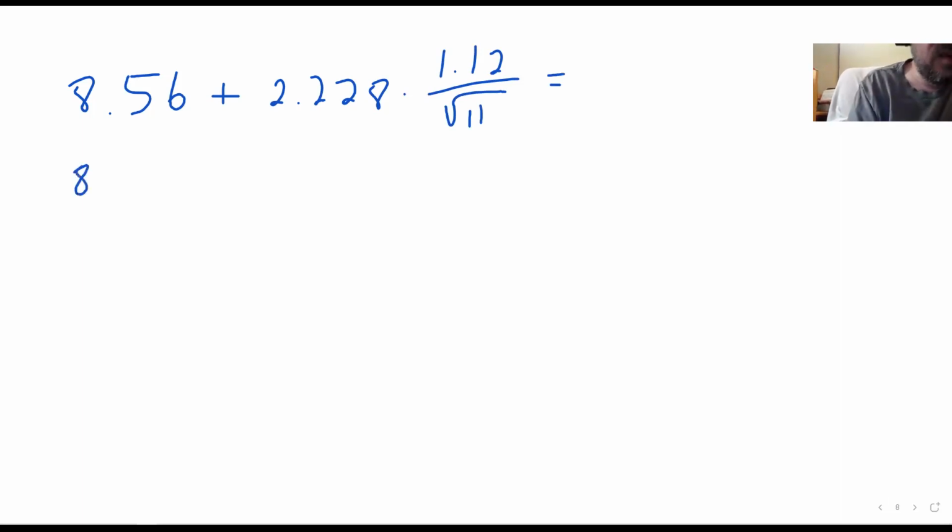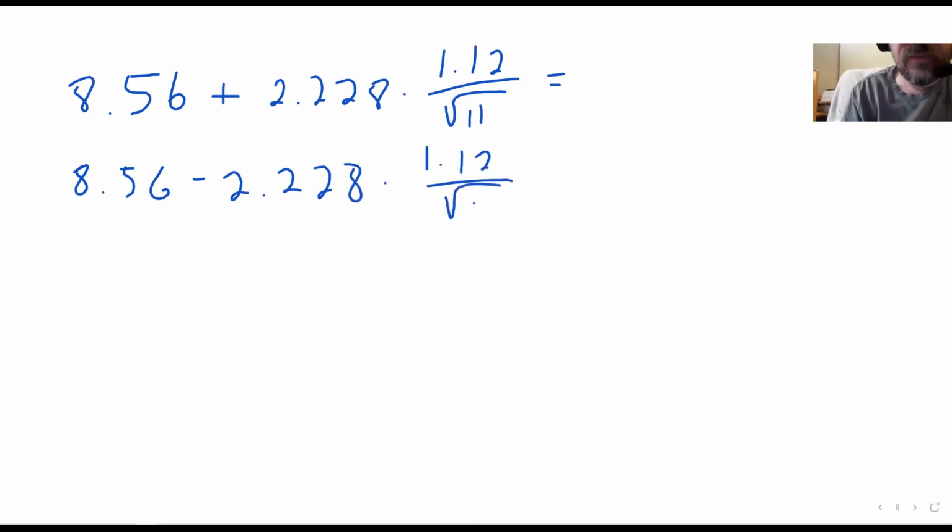I'm going to get 8.56 minus 2.228 times 1.12 over the square root of 11 for the lower bound of my confidence interval. And we already figured out that 2.228 times 1.12 over the square root of 11 was 0.752.